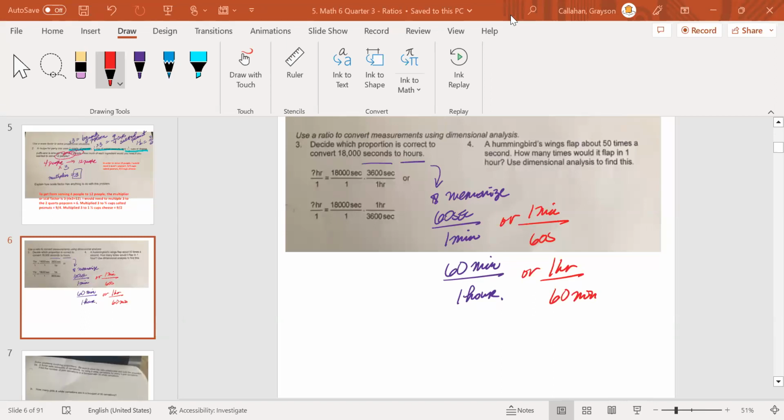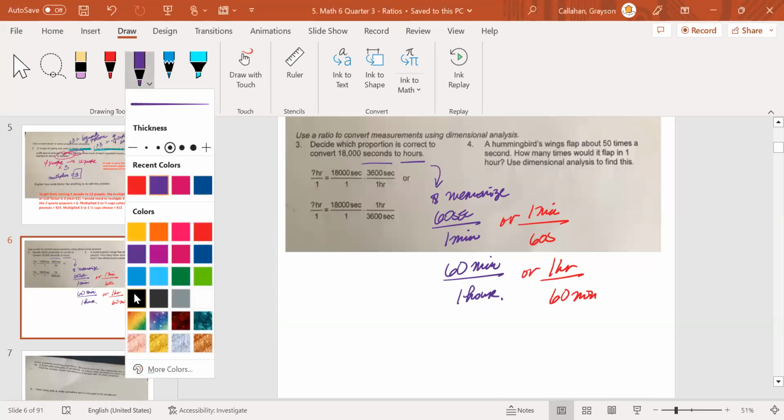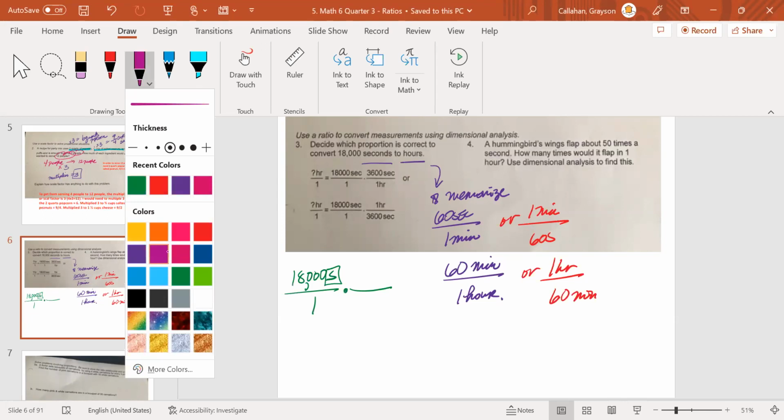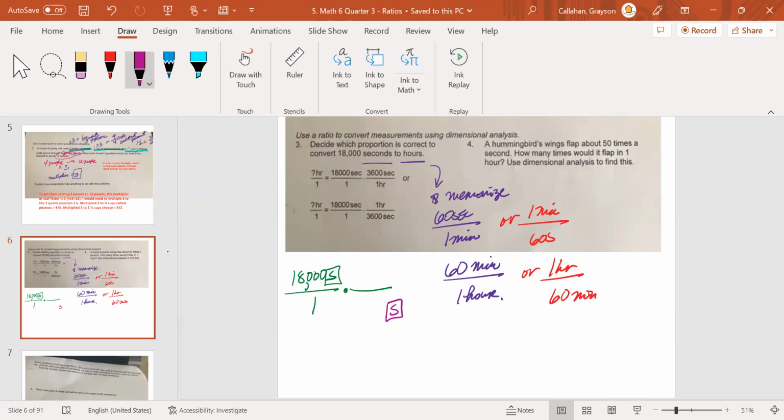So then from here, what you need to do is, this is 18,000 seconds, right? Over 1, right? It's over 1 times. You see how seconds is right here on top? To cancel that seconds, you need the conversion to be on the bottom. The seconds need to be on the bottom. So that way you can cancel the top and bottom. Do you agree with that?